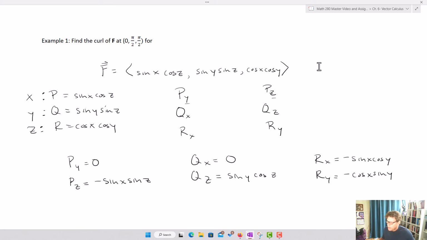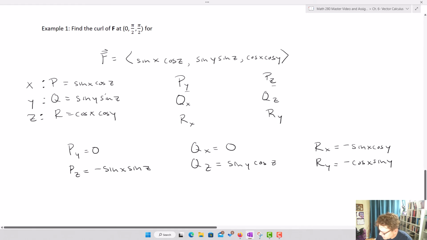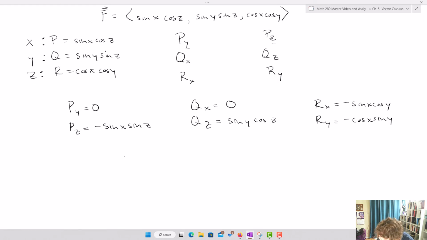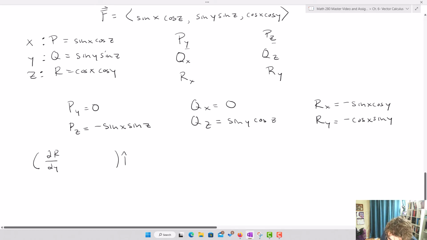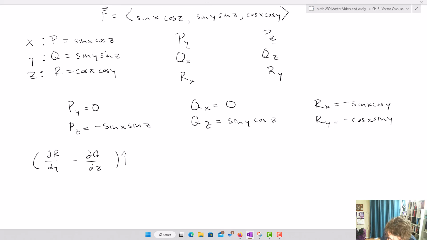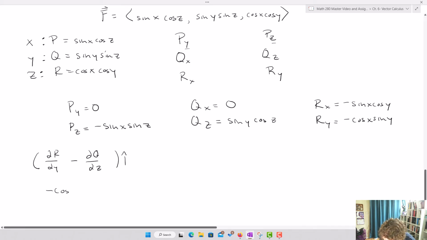Now for my i, j, and k, i is going to be del R del y minus del Q dz. So del R del y is negative cosine x sine y, minus sine y cosine z.